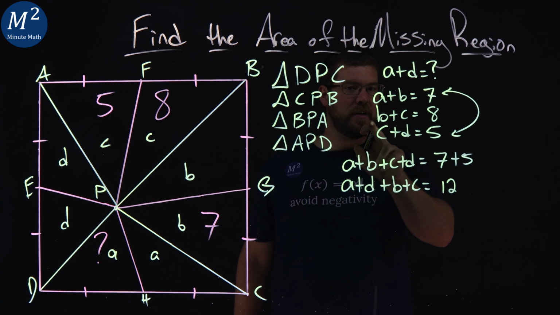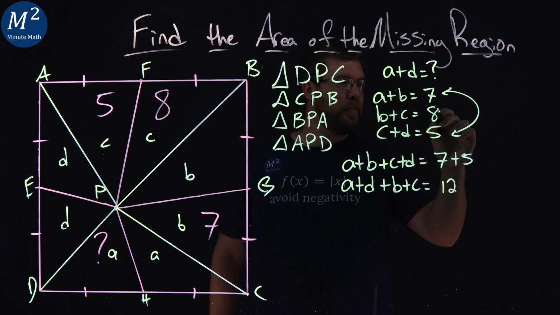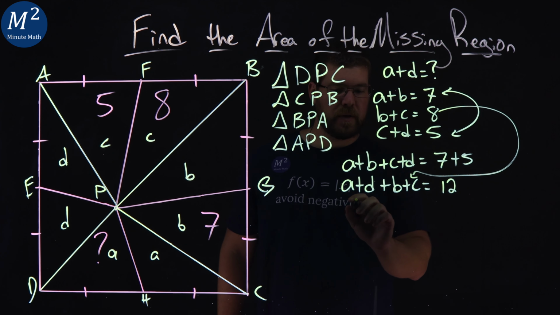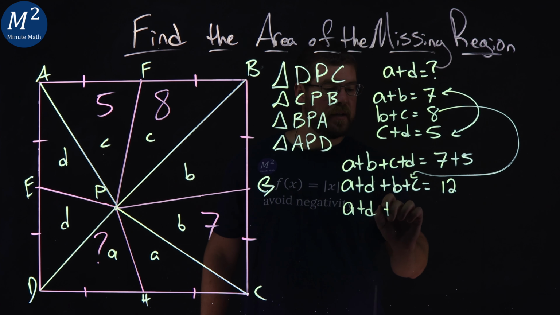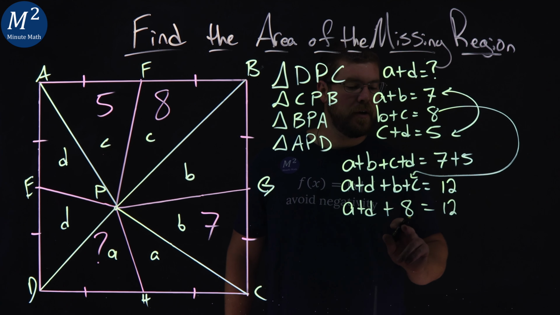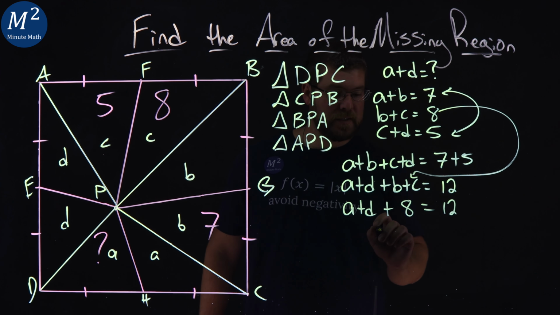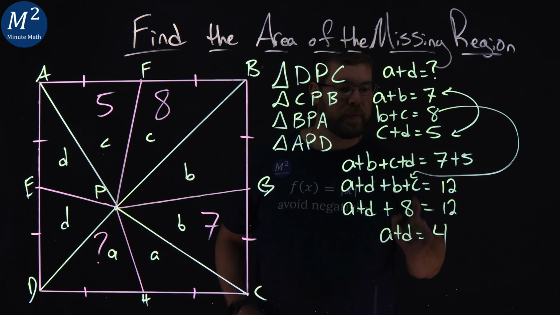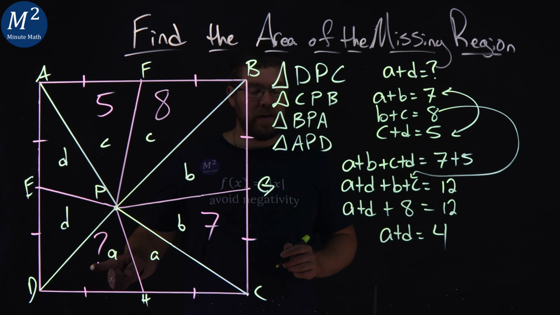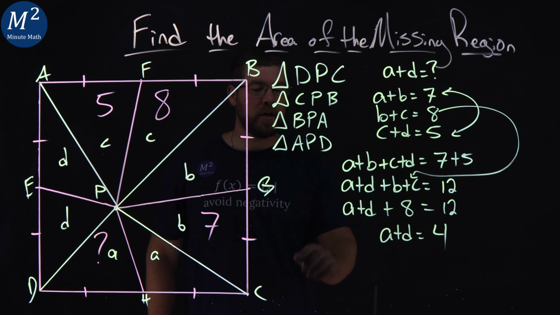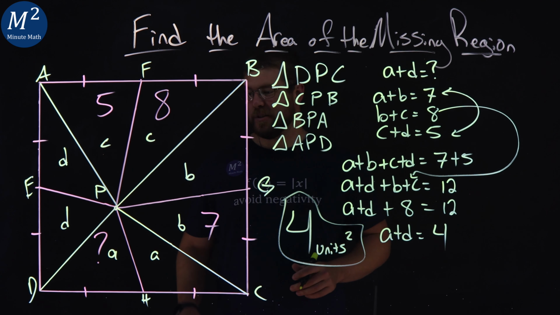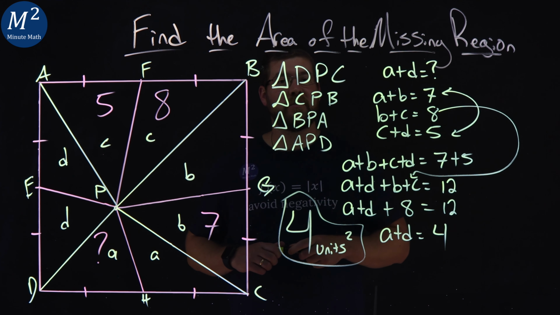Our second equation tells us that b plus c is equal to 8. So we have a plus d plus 8 equals 12. Subtract 8 from both sides, and a plus d is equal to 4. 4 is the sum of the region of a plus d, which is the region we're looking for. So we have 4 units squared as our answer for the missing region.